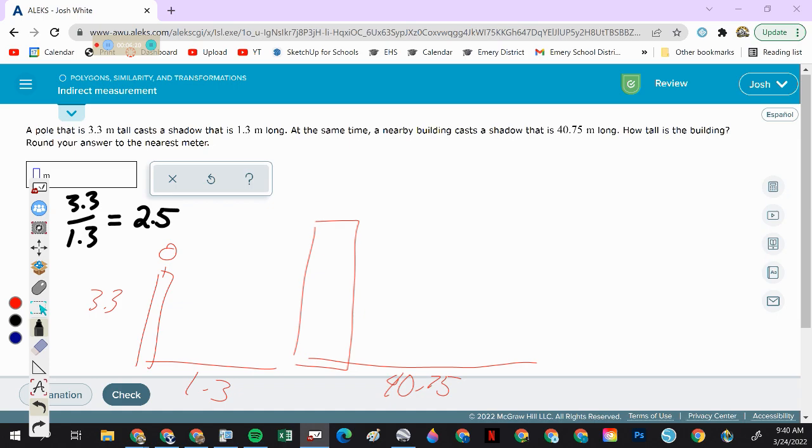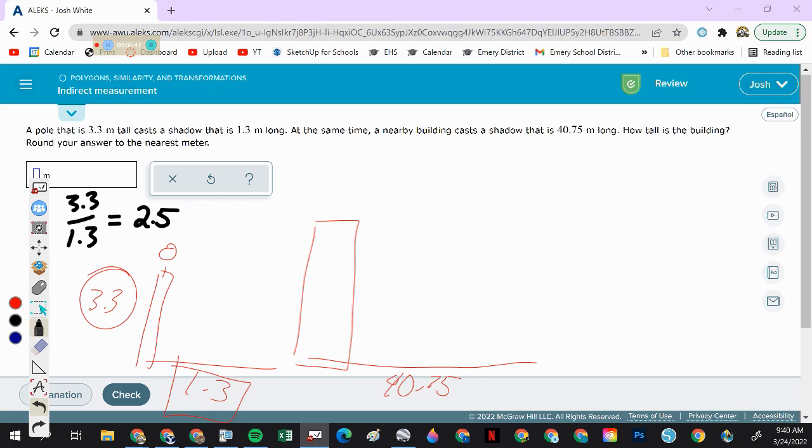Okay, that's good enough. Okay, and then what do we do with that number? Well, if this is 2.5 times larger than that, then we just take 2.5 and times it by 40.75.